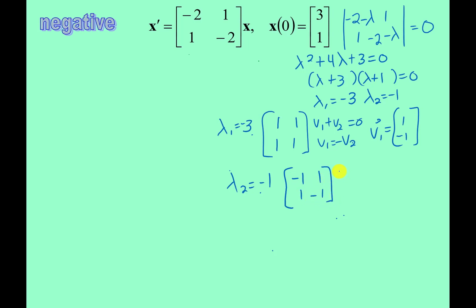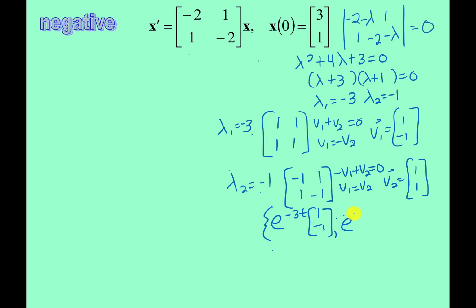So let's put variables back in. -V1 plus V2 equals 0. So V1 equals V2. So for our second eigenvector, let's let V2 be 1. That means V1 is also a 1. So then we can build our complete solution with the building blocks of e to the eigenvalue t multiplied by eigenvector, and the other one is e to the eigenvalue t multiplied by that eigenvector.